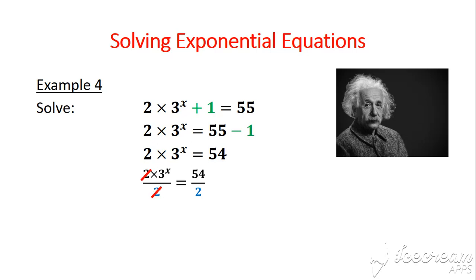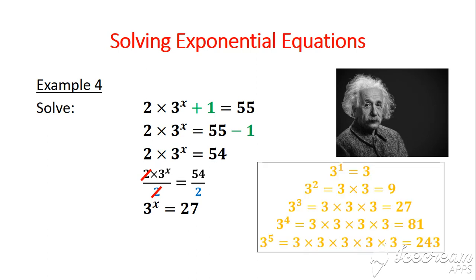The times 2 and divide 2 will cancel. That leaves us with 3 to the power of x is equal to 27, because 54 divided by 2 is 27. Now if we go back to our powers of 3, we can see that 3 to the power of 3 is 27, so x has to be equal to the number 3.